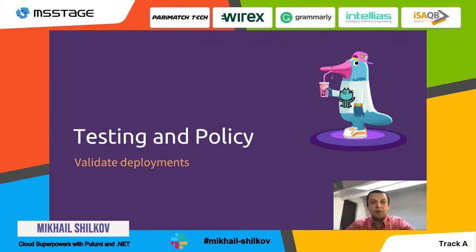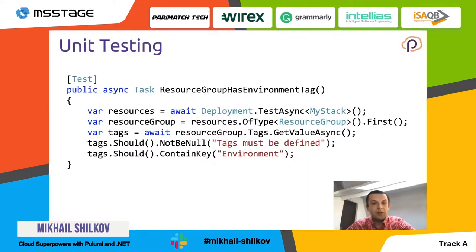Instead, or in addition to, you can also start unit testing your program definitions. Because you are in C# or in JavaScript or in Python or whatnot, you can write a small piece of code that would validate the shape of your resources without actually deploying them. That's an example in C#.